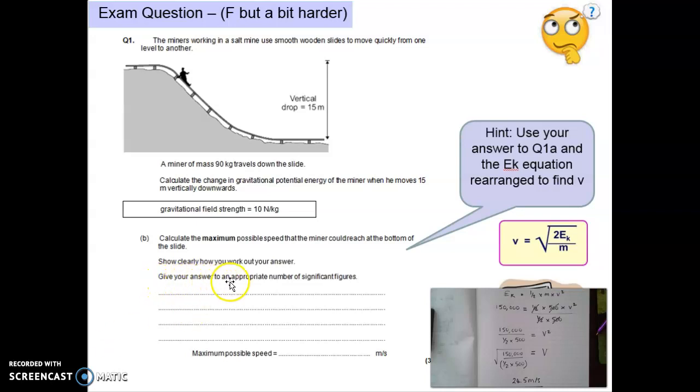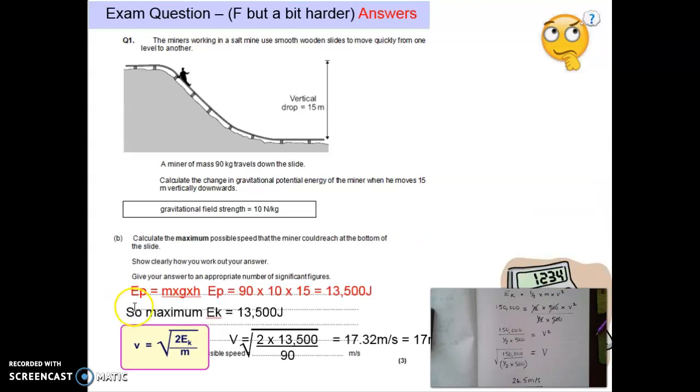Notice that here it says give your answer to an appropriate number of significant figures. Well, that could be anything, couldn't it? I suppose not, it does say appropriate, and I'd probably go for 2 in that case. If you paused the video and had a go, our EP, same as before, mass times gravity times height, is 13,500.